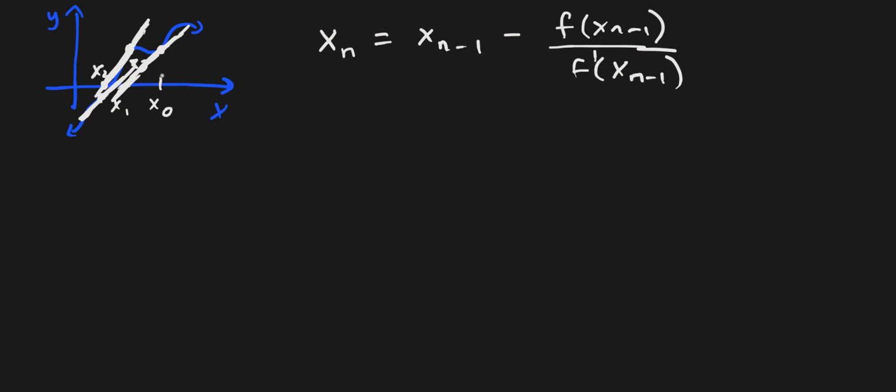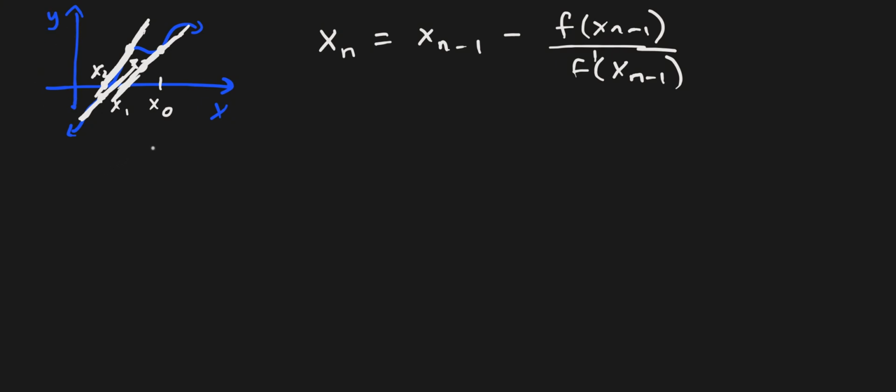You're looking at a point, looking at the tangent line for that point, and seeing where it crosses the x-axis. That's going to be your new point, and you keep doing that until you get closer and closer to the point you're looking for. In many cases you will, and that's going to be your approximation for the root. This is what you're doing in Newton's method.